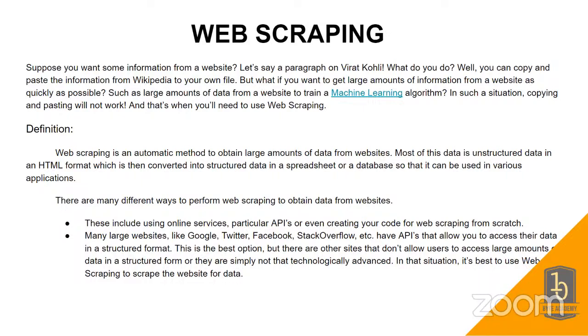What if you need large amounts of information, like information related to all the active cricket players in the world from all the cricket teams? In such a situation, you cannot simply sit and copy from one Wikipedia page and then paste to get your data that way. For such large amounts of data, we use web scraping.